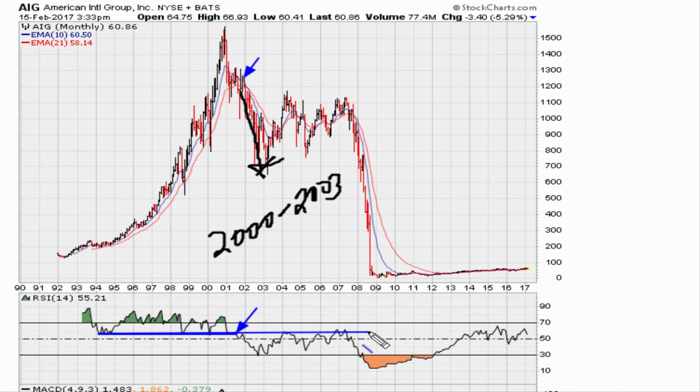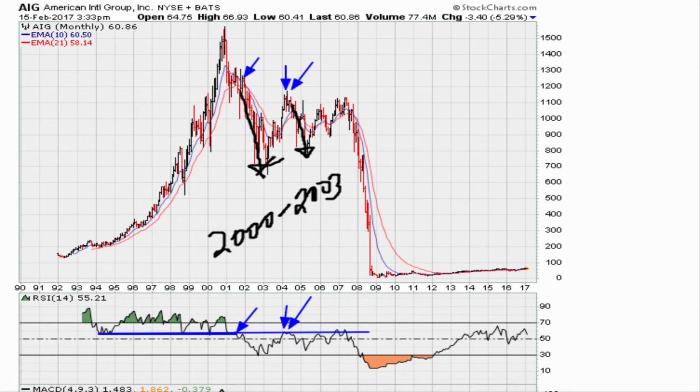Now if we take the same line and extend it, we can see that it became resistance with uniform activity during this double top rejection phase for the highs here. And again, we went into another drop zone for AIG.